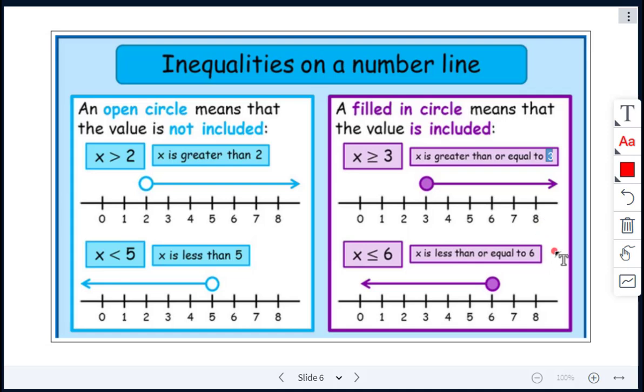The next example, x is less than or equal to 6. So at 6, you're going to put a filled in circle, and then we're going to point our arrow to the left to show that it's all the values that are less than 6.